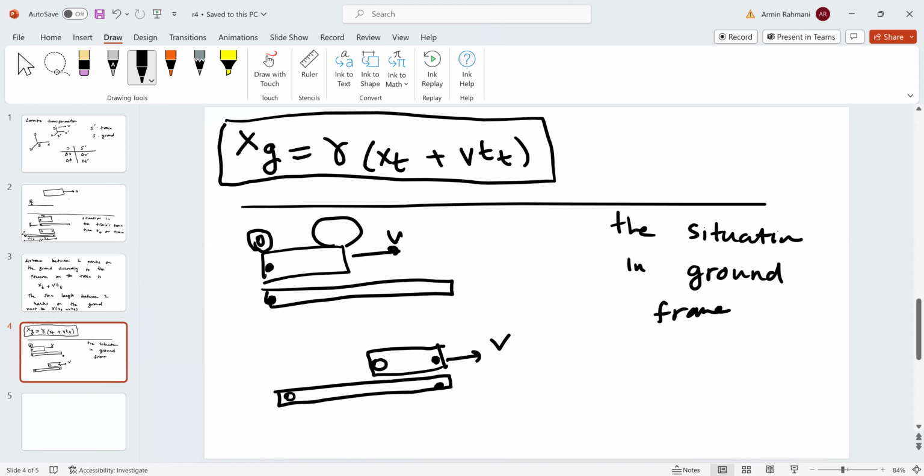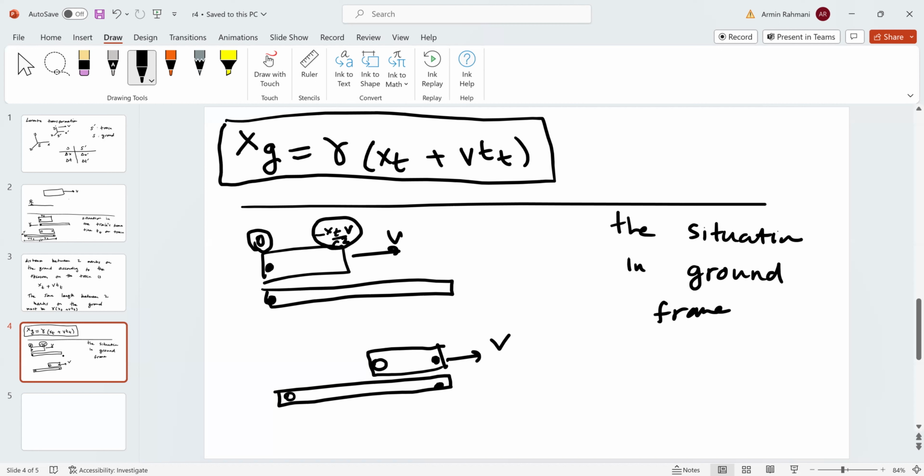So the clock over here, according to an observer on the ground at that point in time, will read minus xdv over c squared. Right, so that's what we calculated for the rear clock ahead effect.